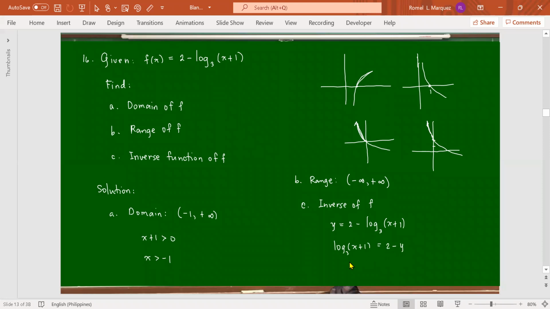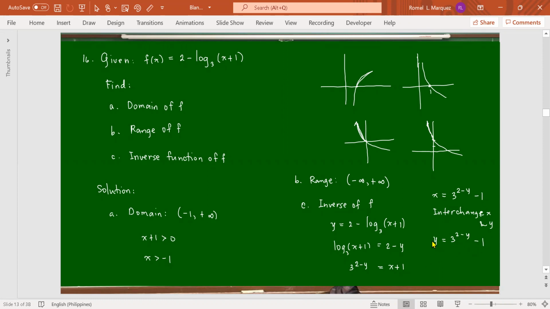Changing this to exponential form, the base is 3, the exponent is 2 minus y, and this is equal to x plus 1. Solving for x, we have x is equal to 3 to the 2 minus y, minus 1. Interchange x and y.